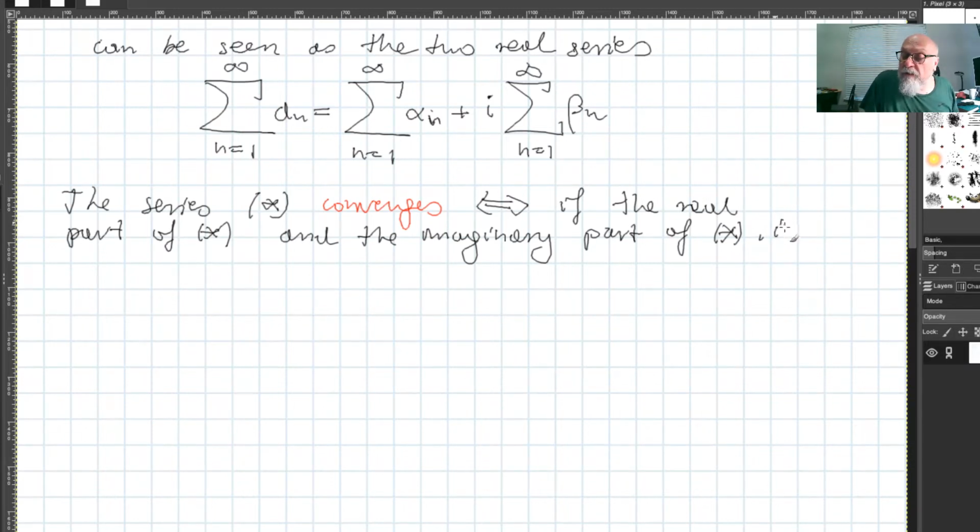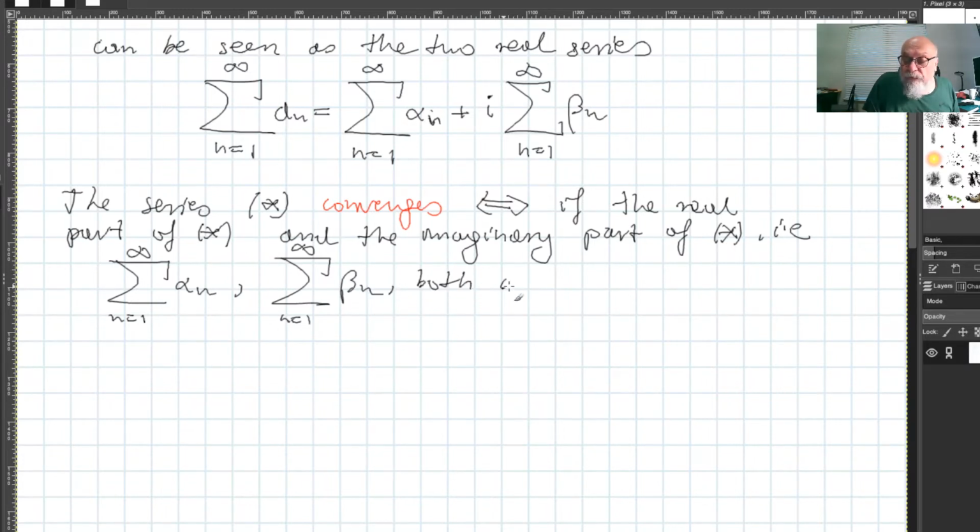What does that mean? That means simply that the series sum for n equal 1 to infinity of alpha_n, and the series sum for n equal 1 to infinity of beta_n, both converge.